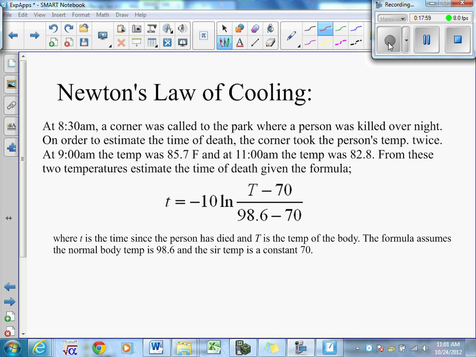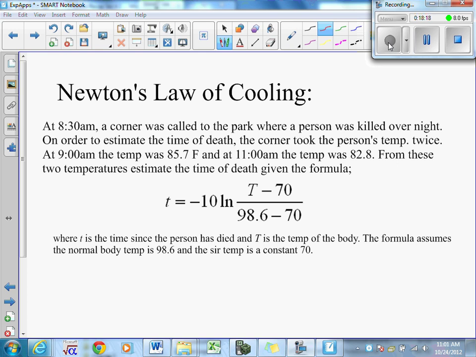Newton's law of cooling says, at 8:30, a coroner is called to the park where a person was killed overnight. In order to estimate the time of death, the coroner took the person's temperature twice. At 9 o'clock, the temperature was 85.7 Fahrenheit. At 11 o'clock, it was 82.8.